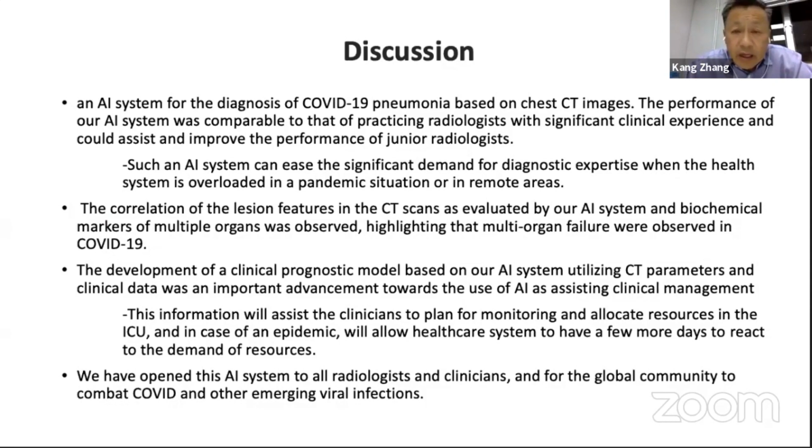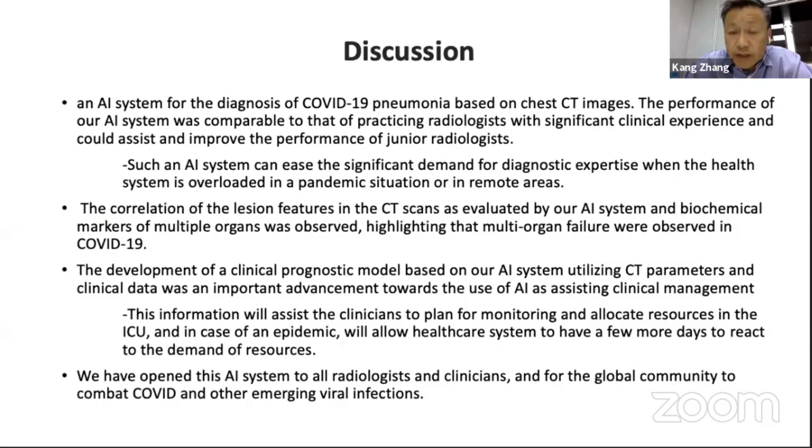speed. We also did work on correlations of lesion features in a CT scan with markers for multiple organ failure, highlighting multiple organ failure as an important feature of morbidity and mortality. For example, we identified CRP as an important marker for organ failures, and this highlights systemic inflammation as an important marker.